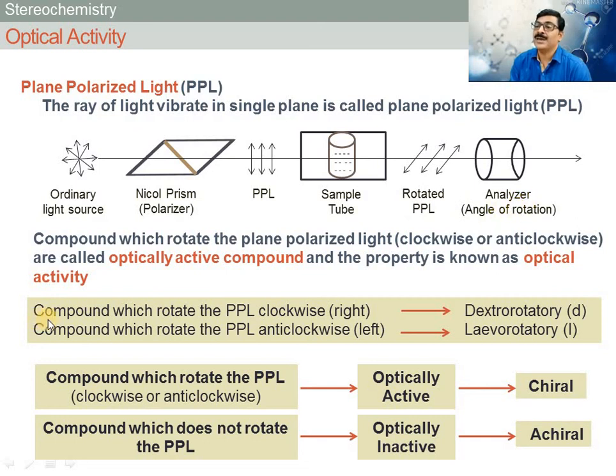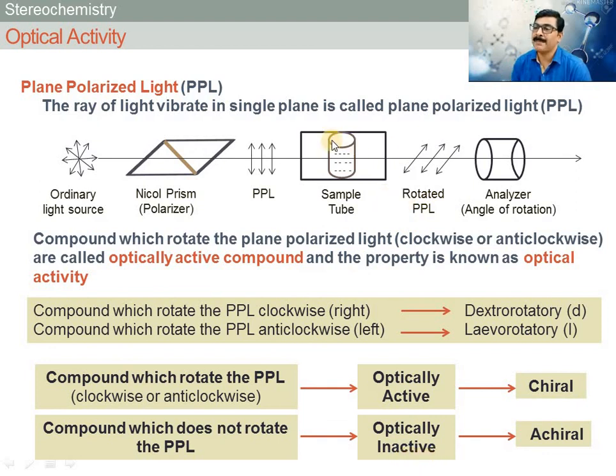And if the compound or sample does not rotate the plane polarized light, means the transmitted light is as it is to the incident light, then such a compound is optically inactive.